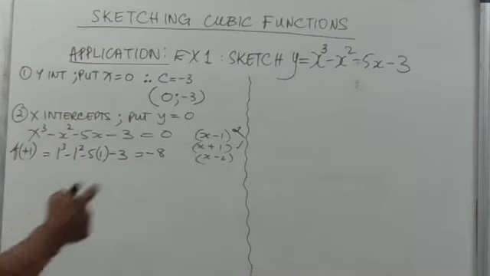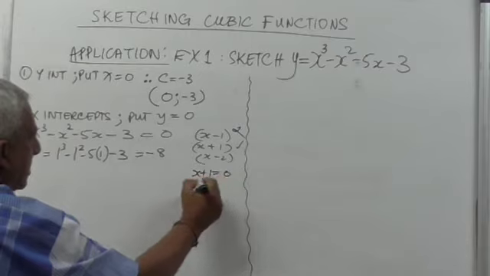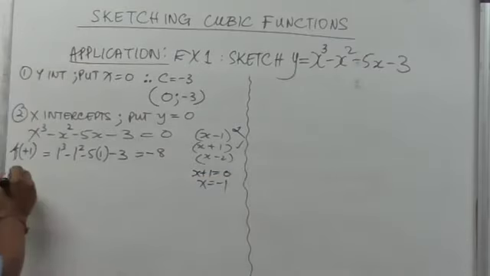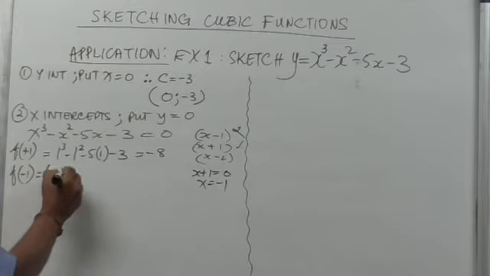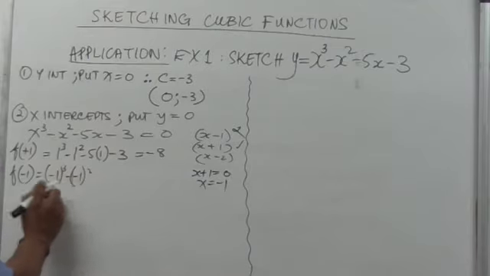Then you try this one. Obviously you make it equal to 0, so x is equal to minus 1. When you try f of minus 1, you get (-1) cubed minus (-1) squared. It's very important to use these brackets.